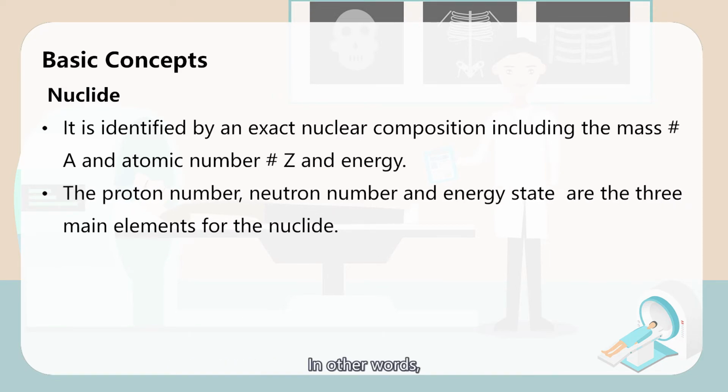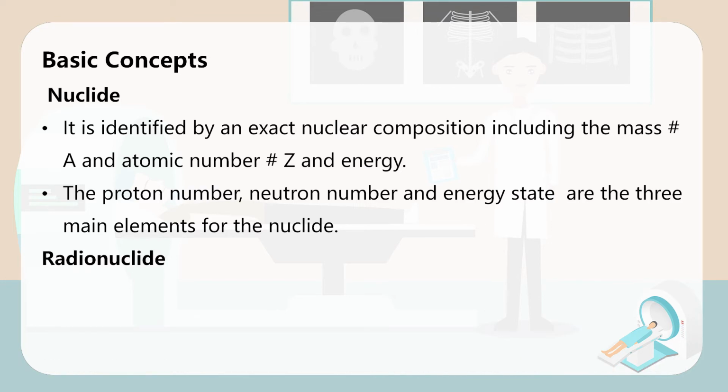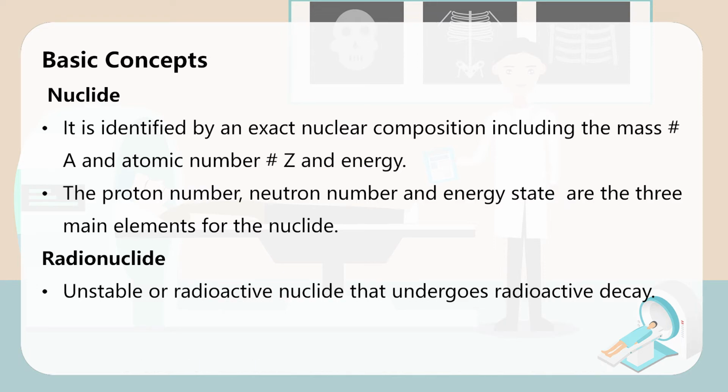In other words, the proton number, the neutron number, and the energy state are the three main elements of a nuclide. Another concept that needs to be distinguished from the nuclide is the radionuclide. This means an unstable or radioactive nuclide that undergoes radioactive decay.